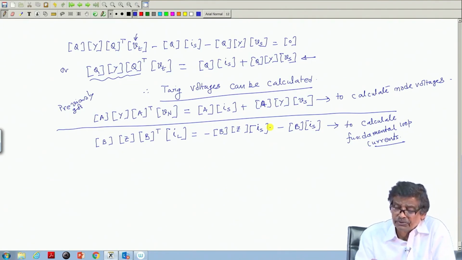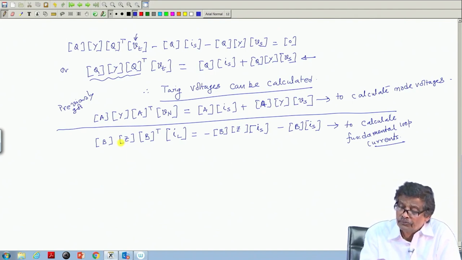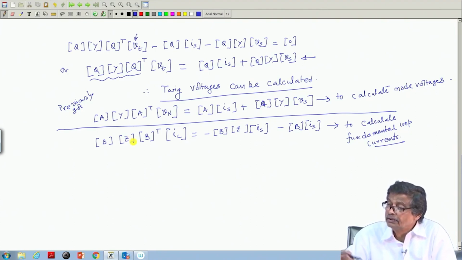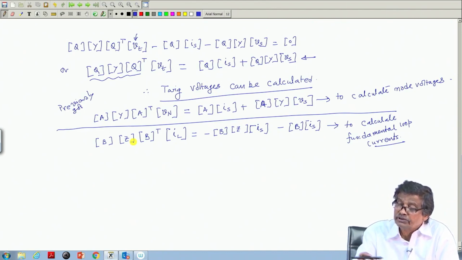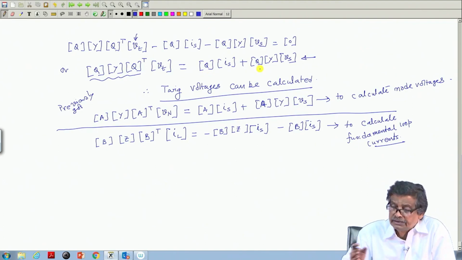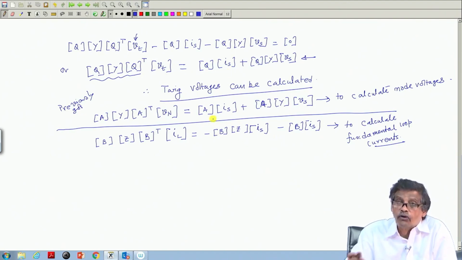Writing the Z matrix is very simple. You have the networks before you on pen and paper. So, you can write the Z matrix, you decide which method you will apply, whether nodal method or cut set method. Based on that, you form the Q matrix from the trees, from the twigs, or the A matrix, that is the incidence matrix, or the B matrix, and we know how to form them.